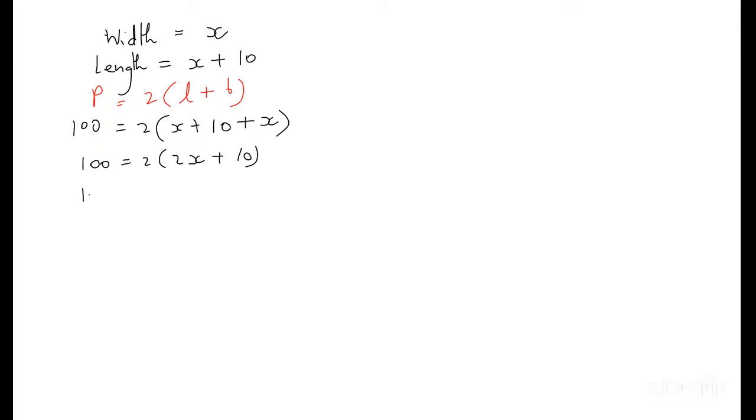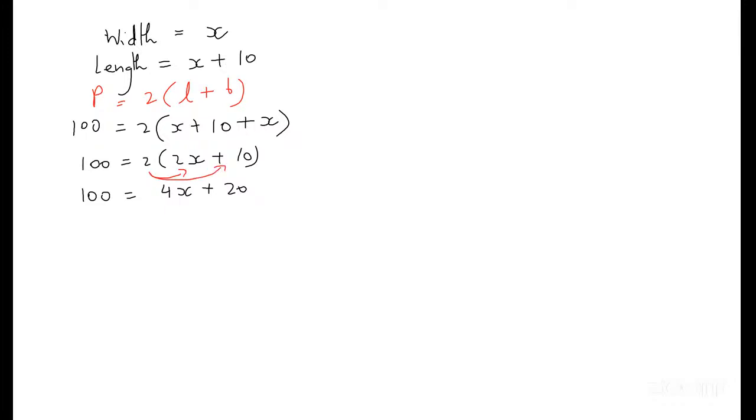Now multiply 2 with 2x and 10. 100 equals 4x plus 20, because this 2 is outside, it will be multiplied with 2x and 10 also.